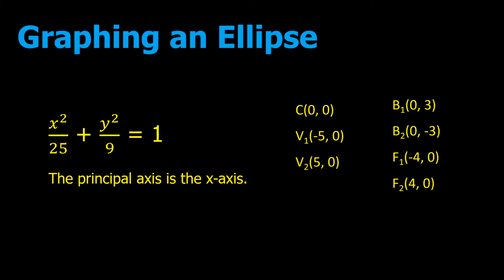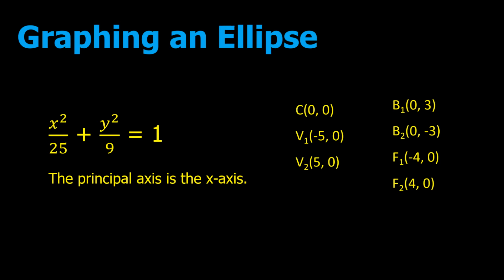And since the value of a is 5, we will subtract or add to the abscissa of the center. Since the value of a is 5, then we can say that vertex 1 is negative 5, 0, and the second vertex is 5, 0.